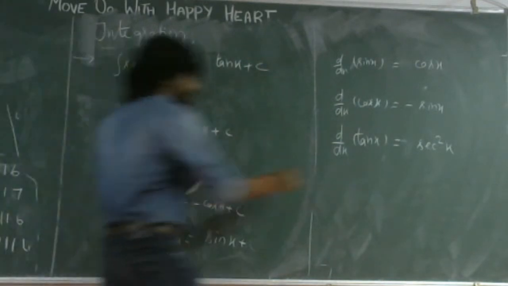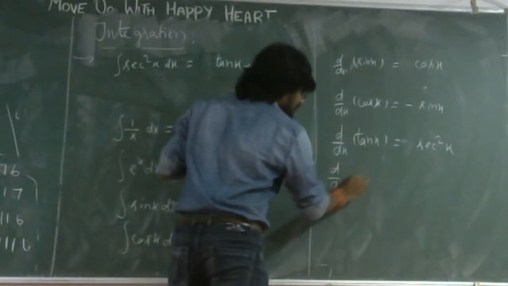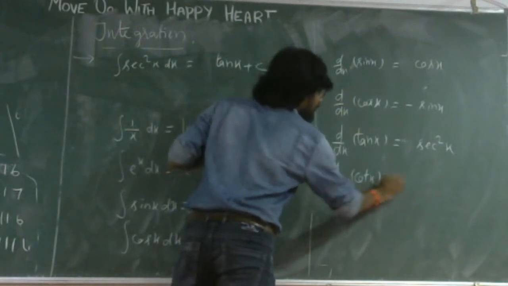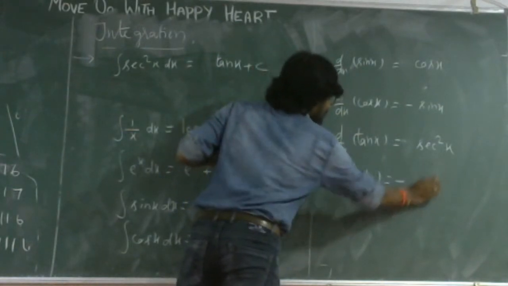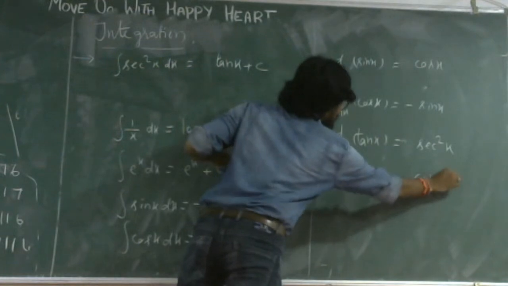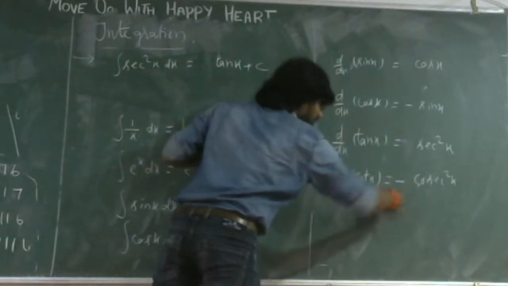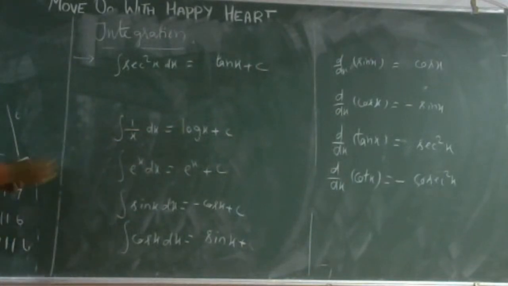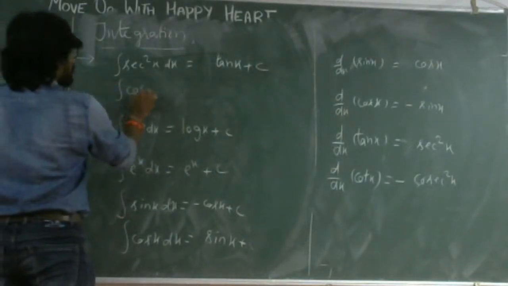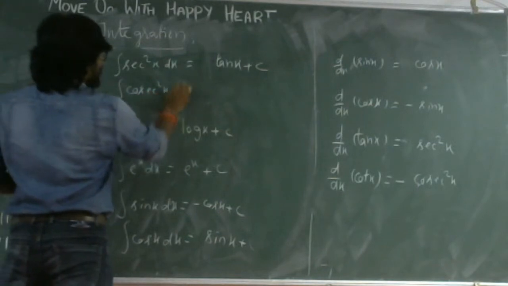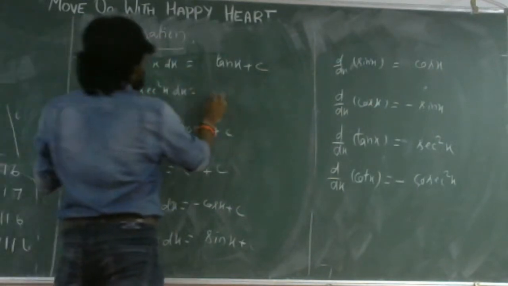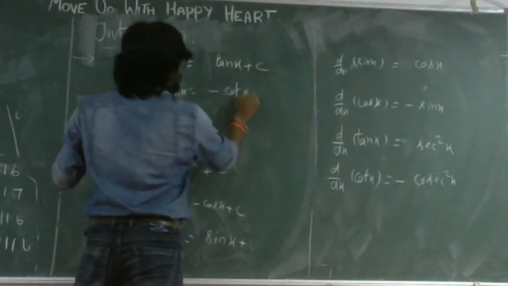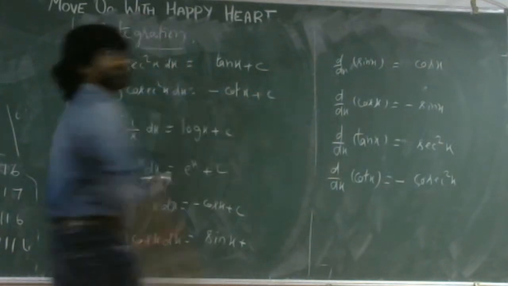Similarly, d by dx of cot x. Yes, here minus will come: minus cosecant square x. So if you integrate this, the minus sign comes here and the integral of cosecant square x dx will give you minus cot x plus c.